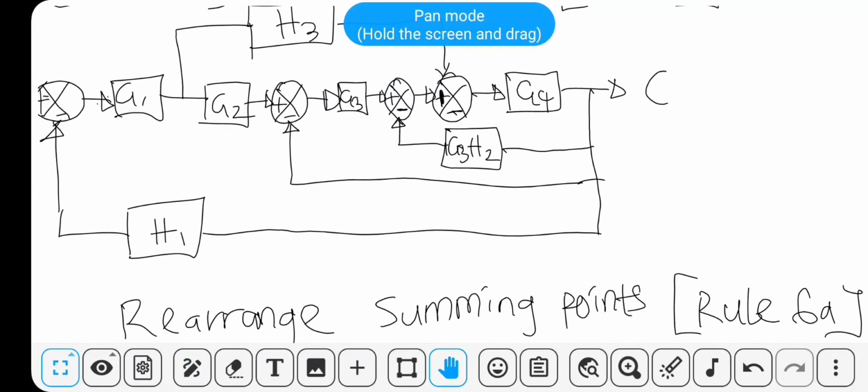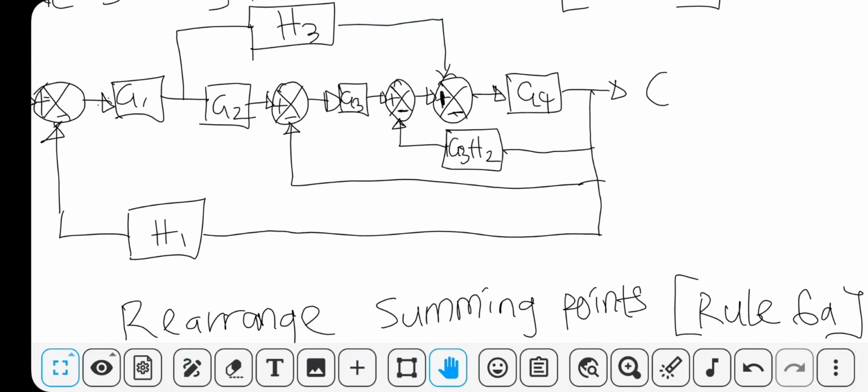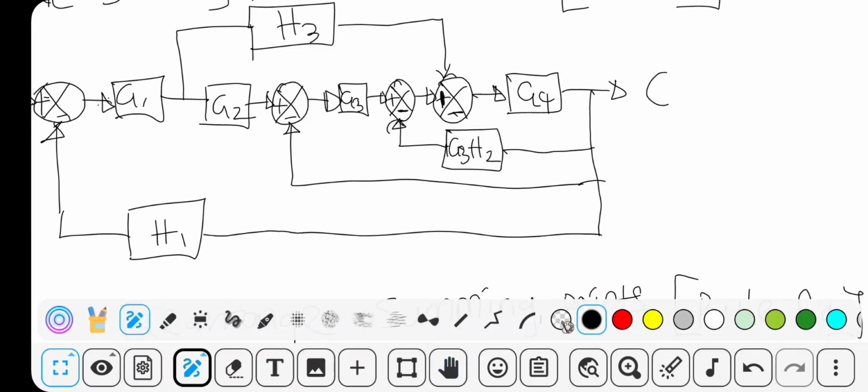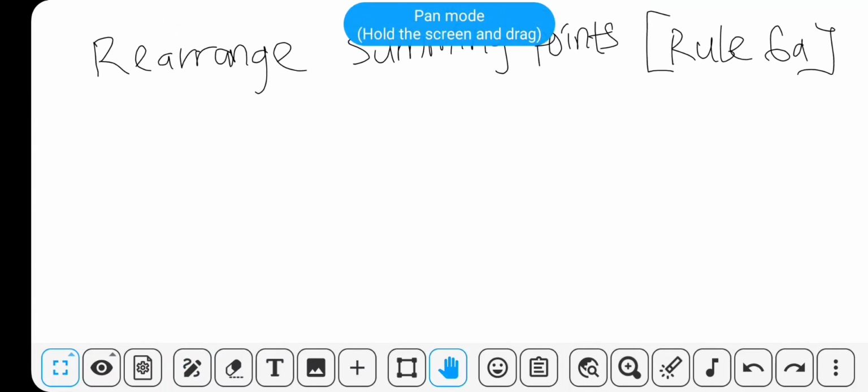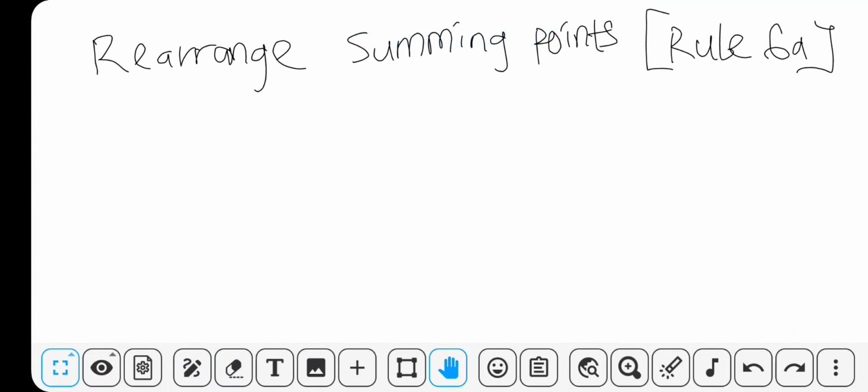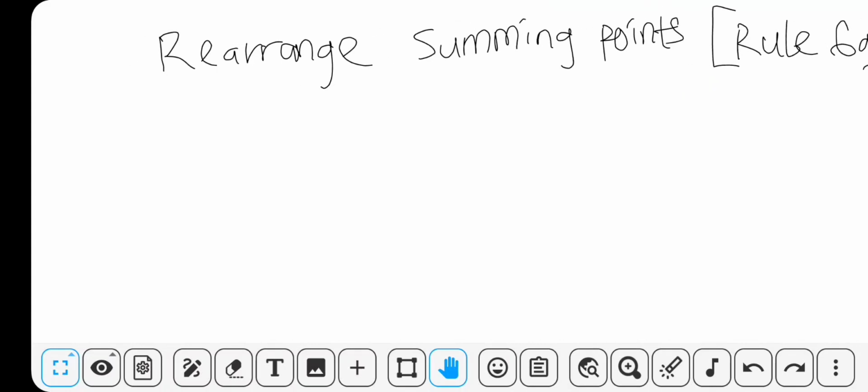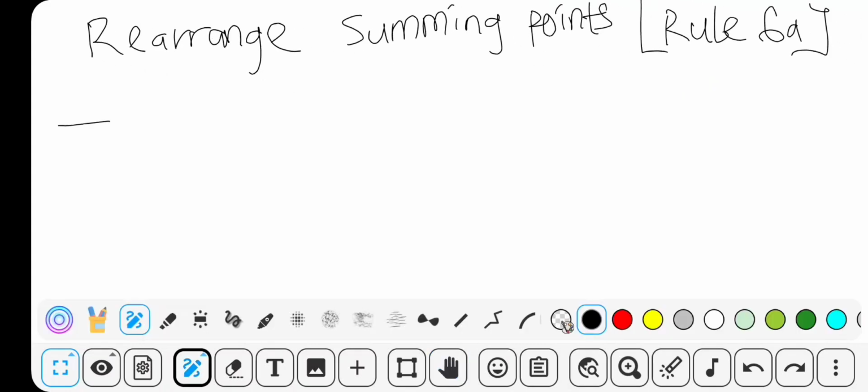So just follow simple rules and you'll be fine. So we are going to rearrange the summing points. From here we are going to move this arrow here to this other summing point and move this arrow to this summing point. So if you do that, this is what you should have.